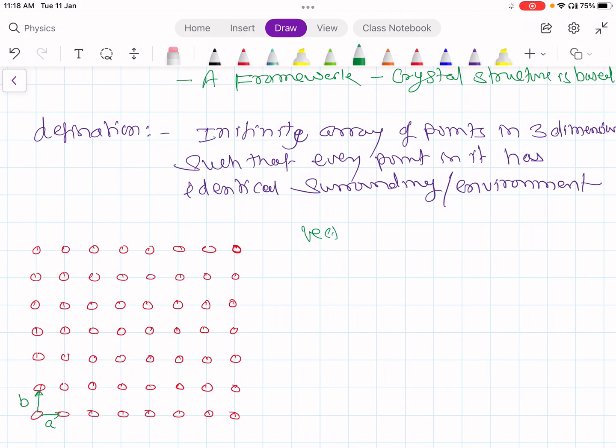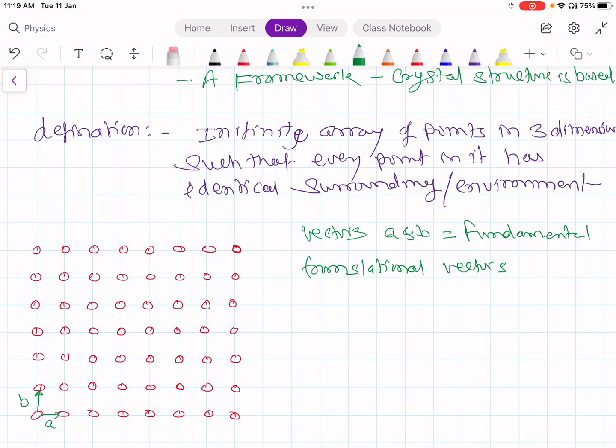These vectors A and B are called fundamental translational vectors, because if you multiply these vectors in the x and y directions, we get the entire set of these two-dimensional points.